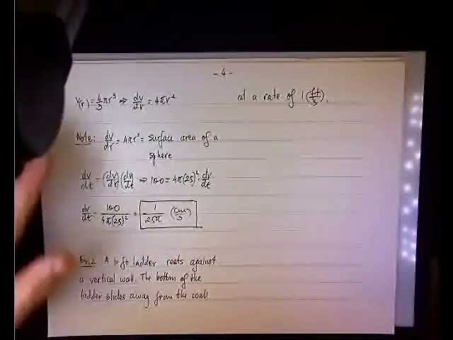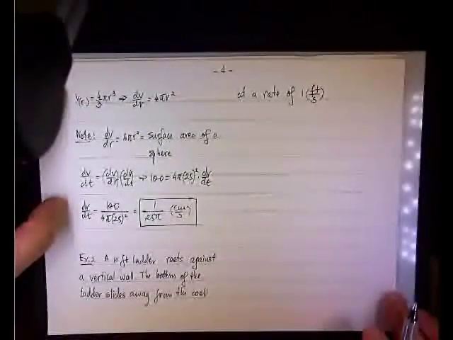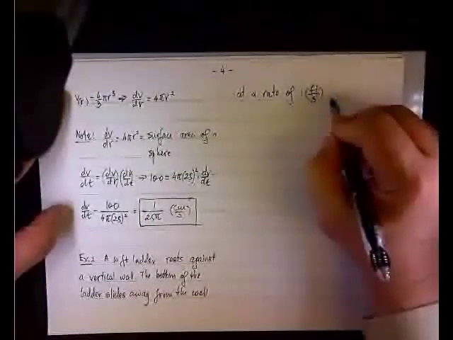And here comes the question: how fast is the top of the ladder sliding down when its bottom is 6 feet away from the wall?